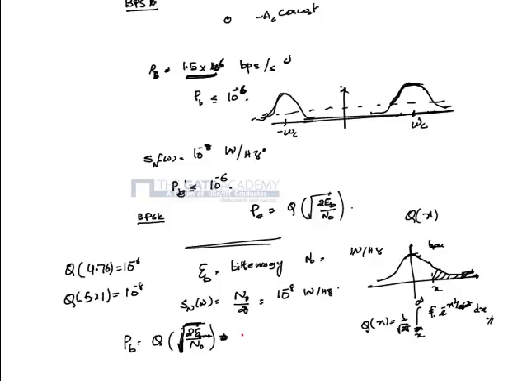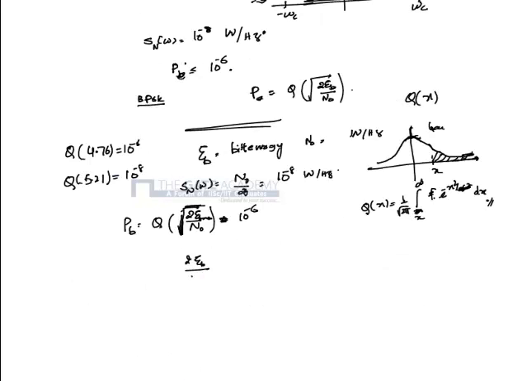So we will take the equality 10 power minus 6. Substituting the result given in this question, we simply have root of 2 EB by N0 equal to 4.76. After some manipulations, squaring it and then dividing it by 2, we get EB by N0 approximately 11.7.